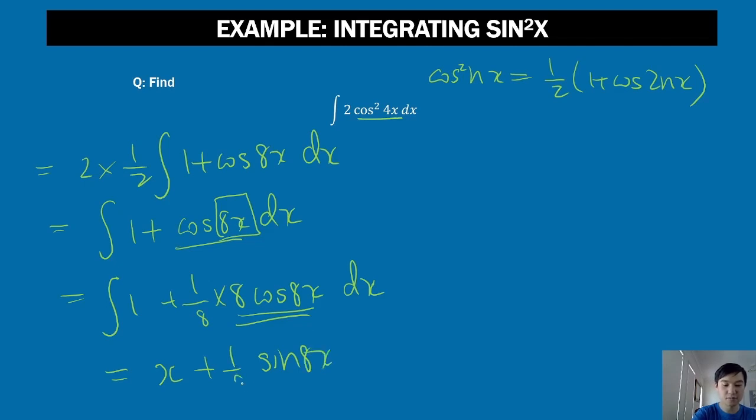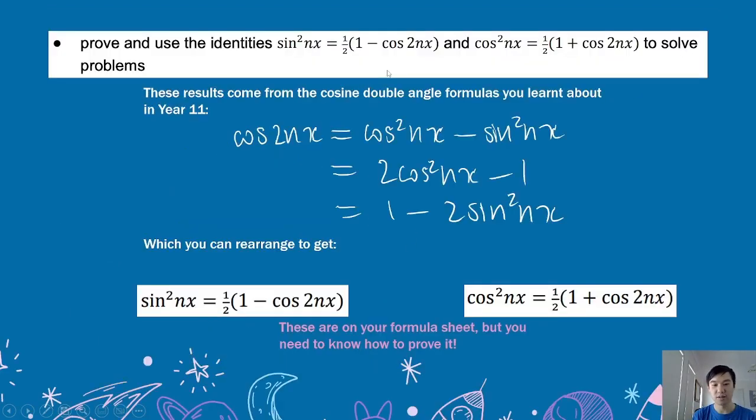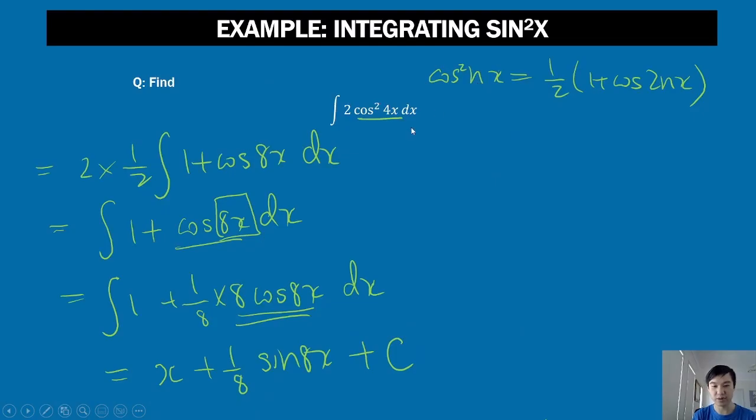And it's an indefinite integral, so I want to make sure I do a plus c. You can see my final answer is x plus 1 over 8 sine 8x plus c. And that's how we integrate results with sine squared x or cosine squared x.